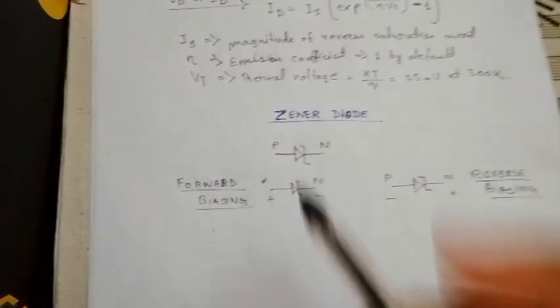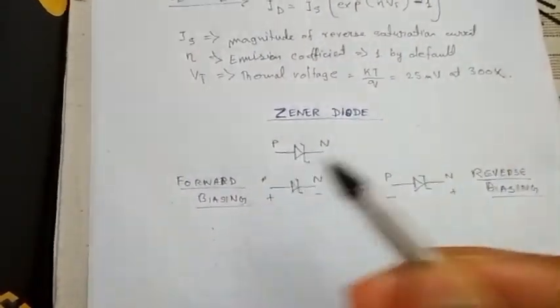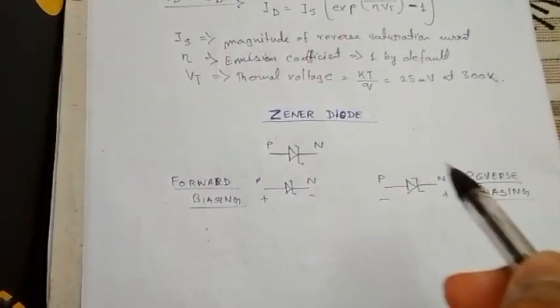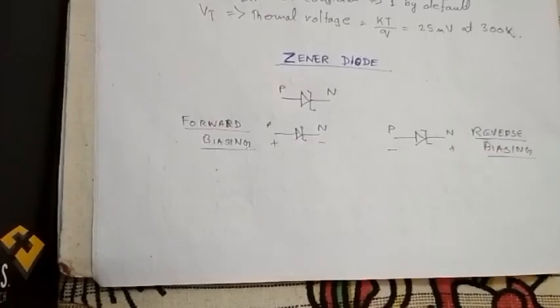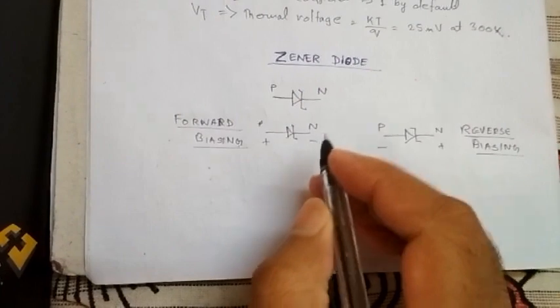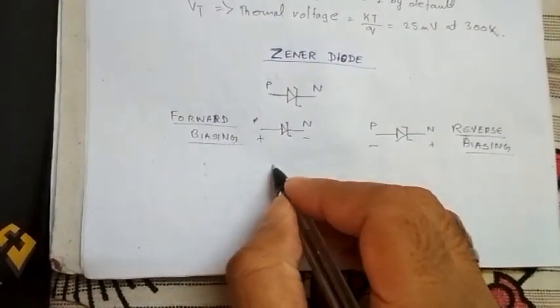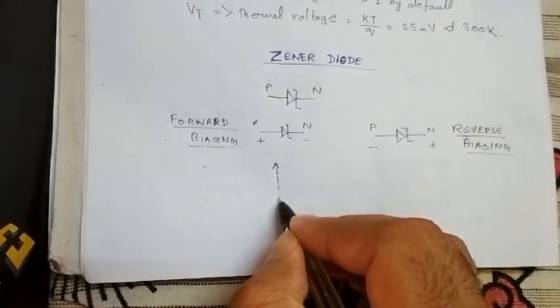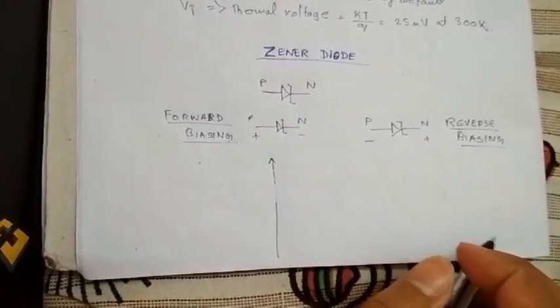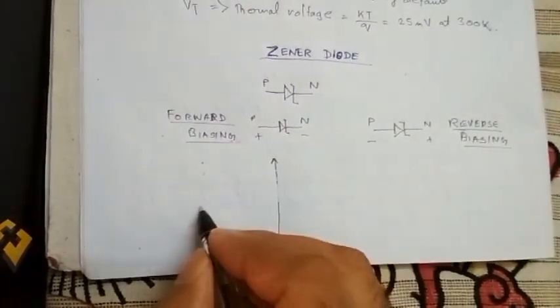But in case of Zener diode, practically we put this diode in reverse biasing order, and we'll discuss how it works. Zener diode mainly works in the reverse bias, and for that we need to draw the characteristics of Zener.